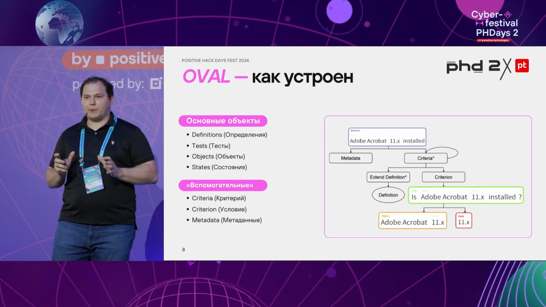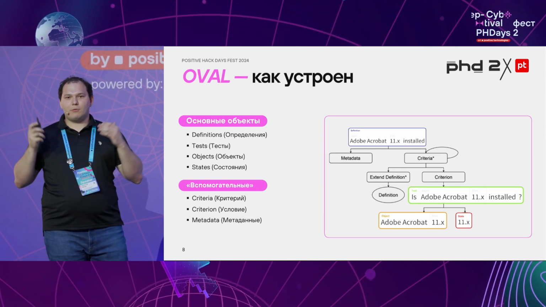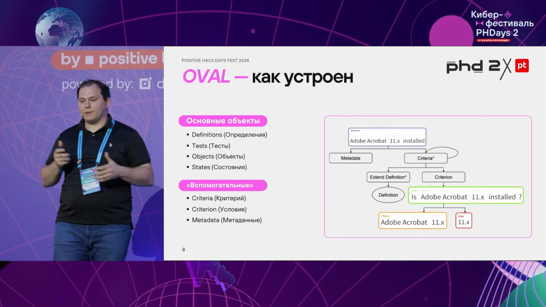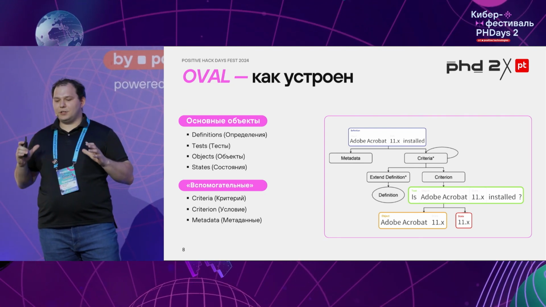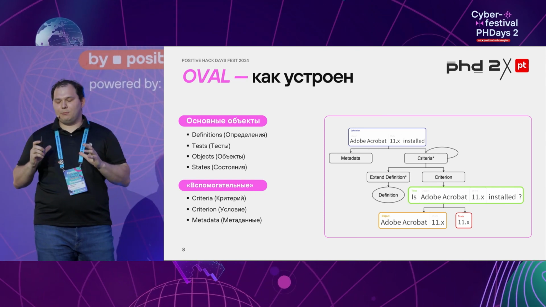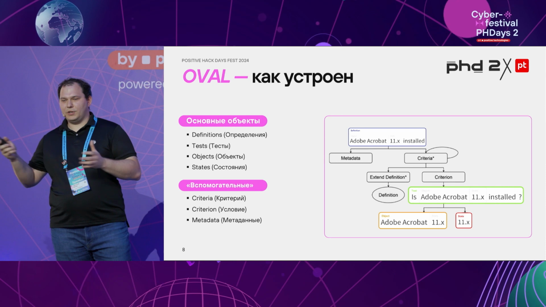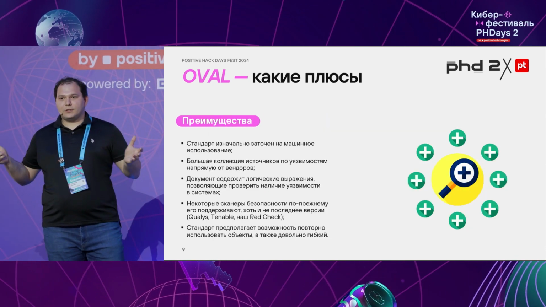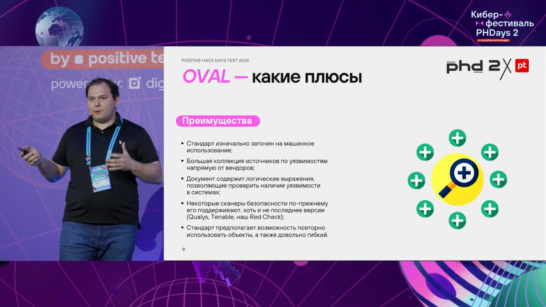And here is a brief description of OVAL. Well, you can split it all into two types of objects, the core one and the supporting one. And if you look at this, you can see that most of the structures are there to run assessments. What are the pluses of OVAL?